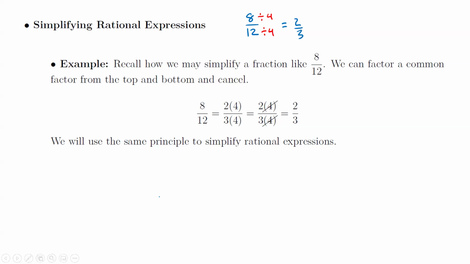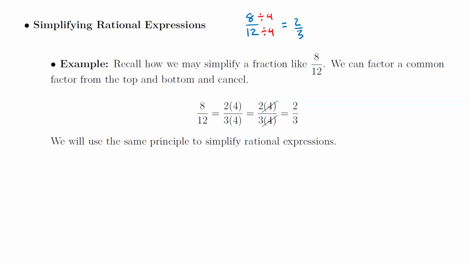But we're just going to take that same idea and show it a little bit differently. And so, still identifying that 4 is the greatest common factor of 8 and 12, rather than writing divide by 4 like this, we're going to go ahead and write 8 as 2 times 4, and 12 as 3 times 4. And the virtue of that is then I can look at it more as a cancellation type thing, right?